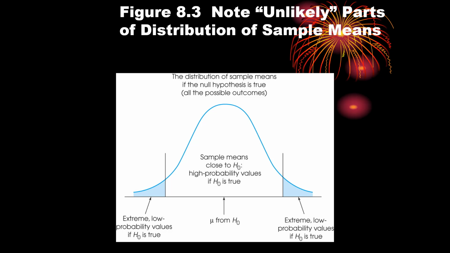If the medication does have an effect, then it's very likely that that sample mean is going to fall out in the tails, hopefully the lower part of the distribution, because that would indicate that anxiety symptoms have been reduced as a result of the medication. And that's a low probability value if the null hypothesis is true.